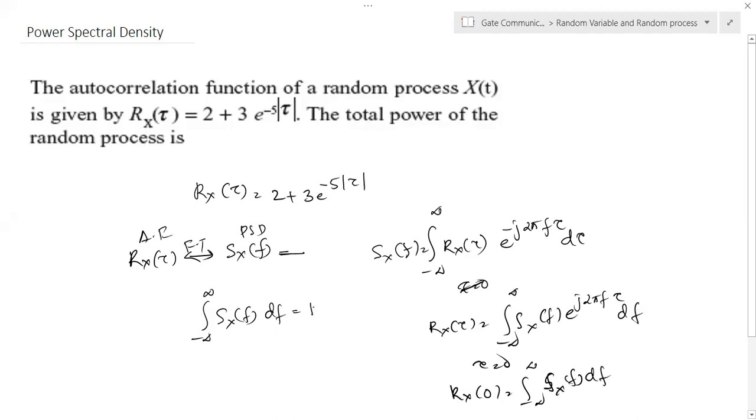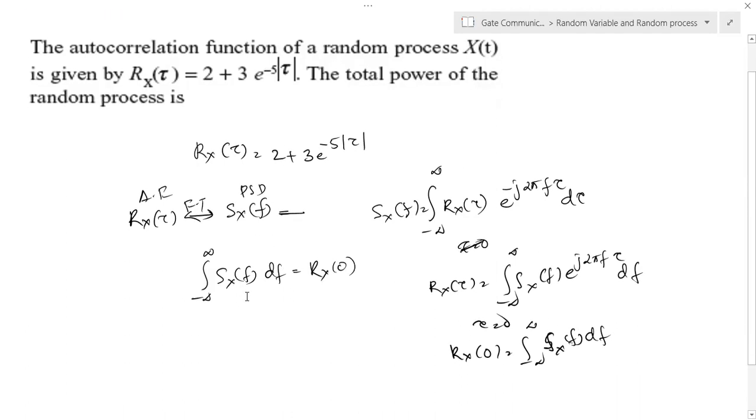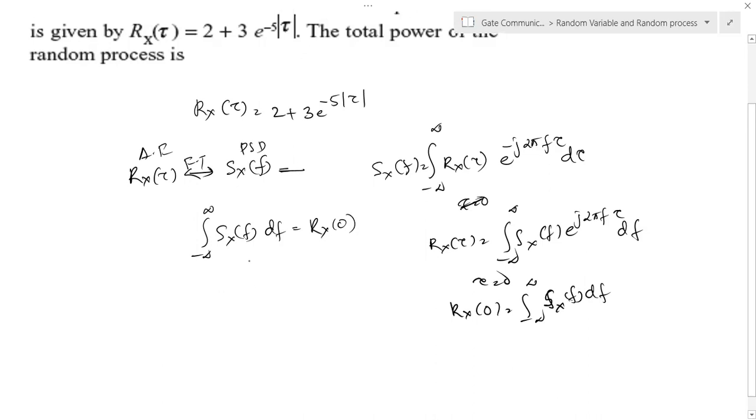Okay. So we can use this property, that is Rx of 0, when tau is equal to 0, it will give the total power. So by using this, the autocorrelation function is already given, Rx of tau.